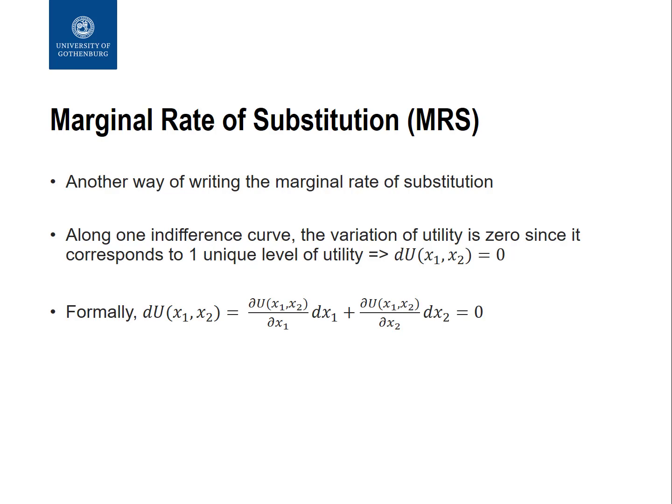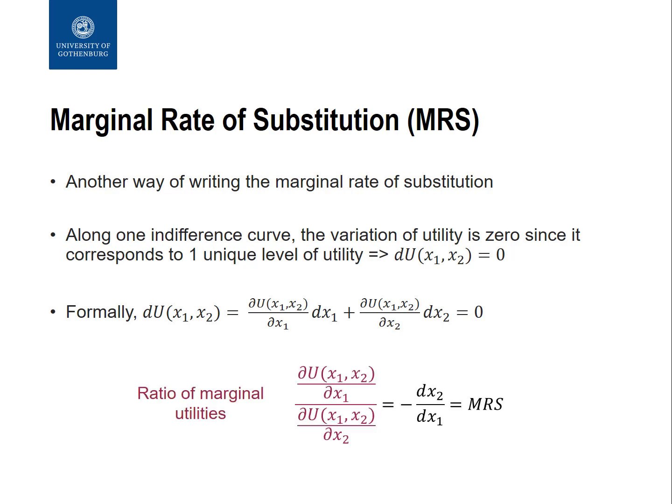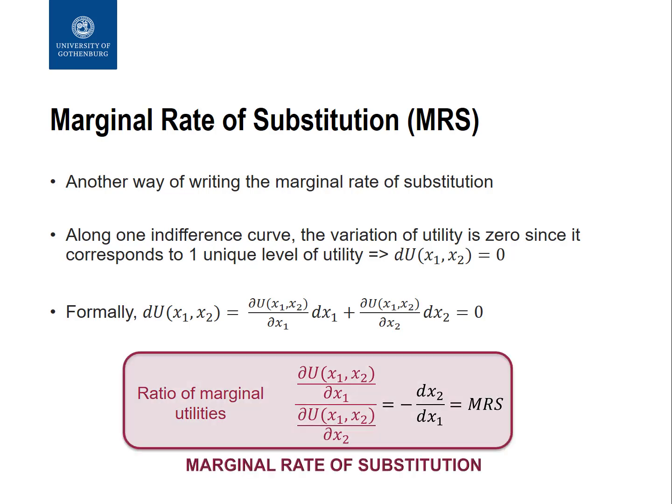And by rearranging, we get that the ratio of the differentials that we call marginal utilities is equal to the opposite of the ratio of variations in the quantities of x1 and x2. So the marginal rate of substitution is also equal to the ratio of marginal utilities. And don't forget that it corresponds to the slope of the indifference curve in absolute values.